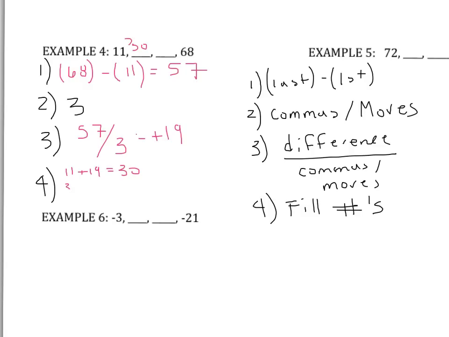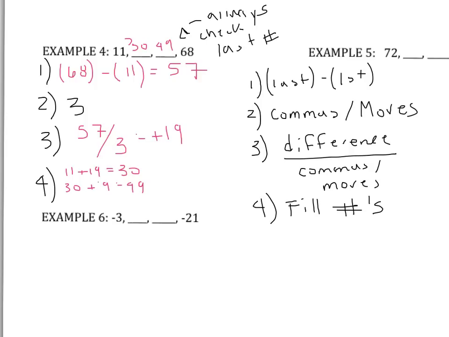And I'm going to go to the next. 30 plus 19 is 49. That's our third term. Now, one of the most important steps is that we always want to check our last number. So I want you to write a little note for yourself. Always check your last number.